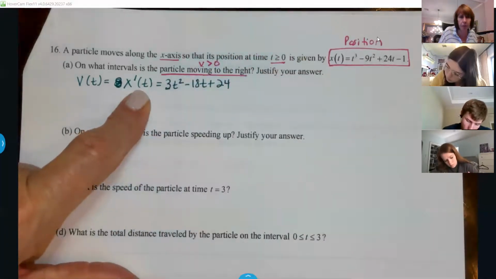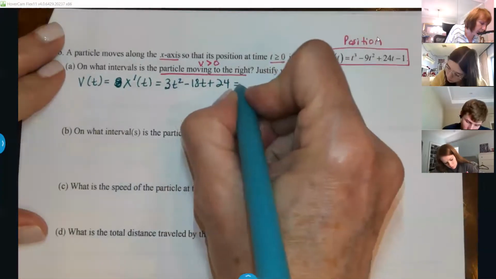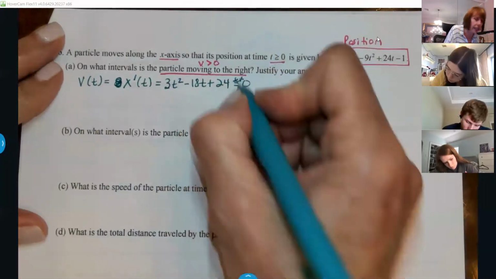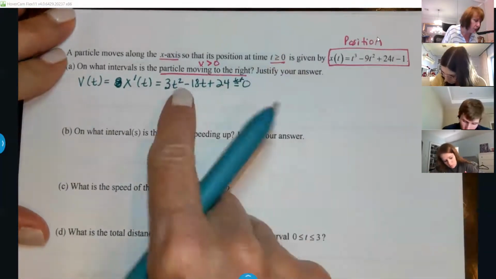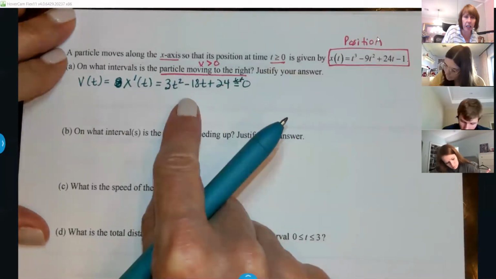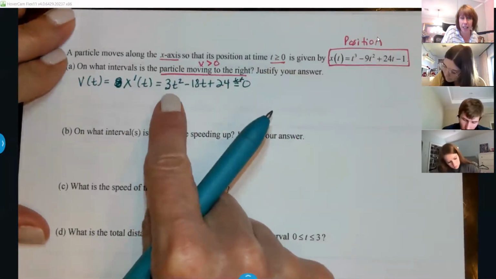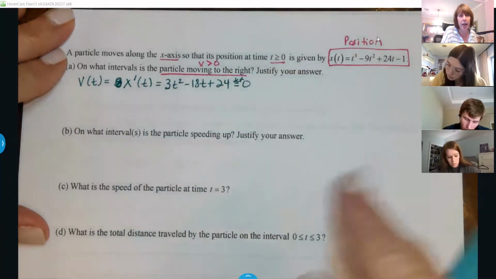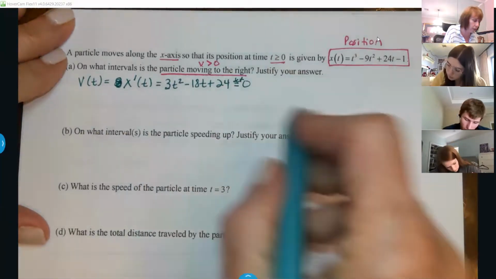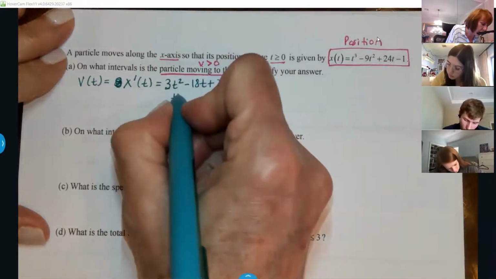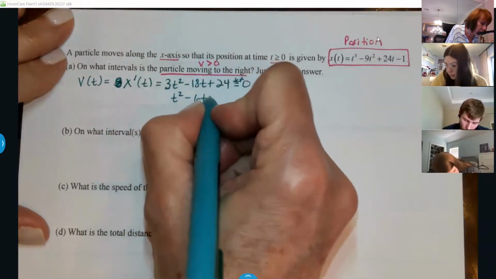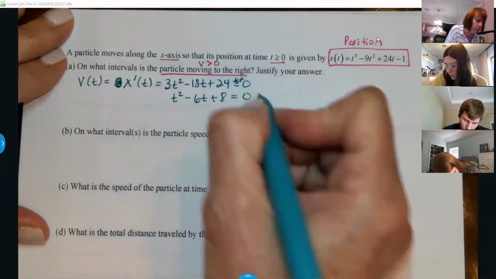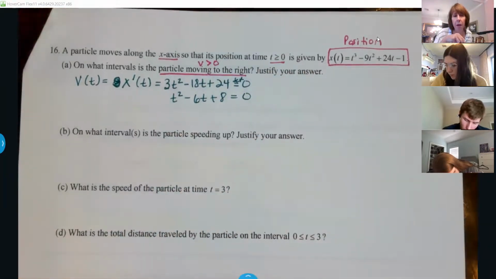Like that. I'm going to set this guy equal to 0 because I need the sign chart. So there's a 3 in everything. Since it's a positive 3 in everything, I'm going to go ahead and divide it out. It's not going to change the signs of my answer. So I'm dividing out everything by 3. And remember, you guys, don't divide by a negative, because then your signs are going to be all backwards.